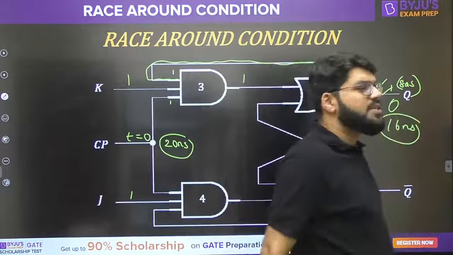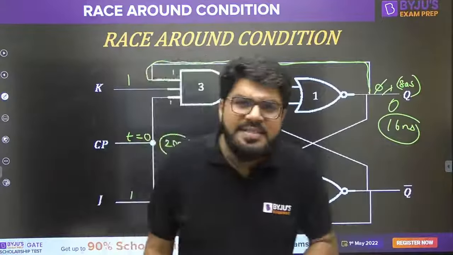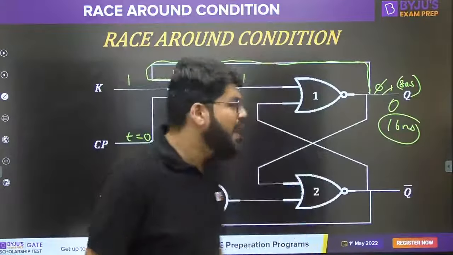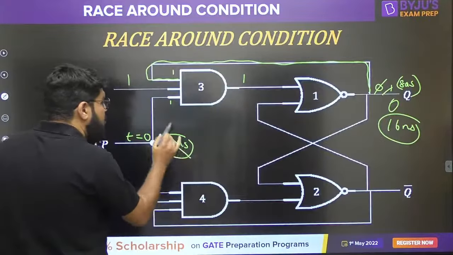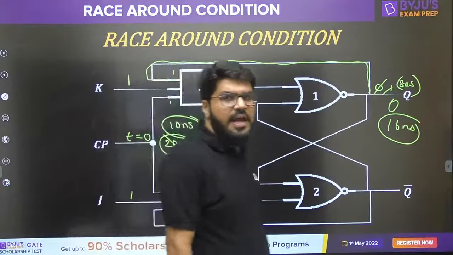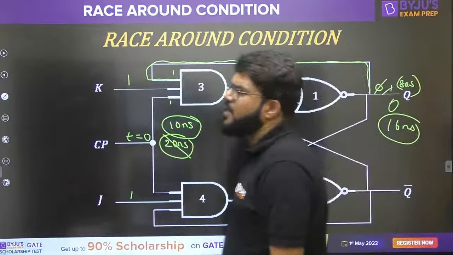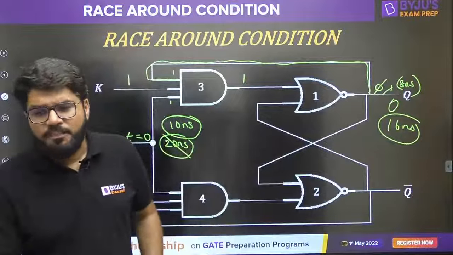First toggle at 8 nanoseconds, second toggle at 16 nanoseconds. Suppose that rather than 20, I close the door at 10 nanoseconds. If I close the door at 10 nanoseconds, then there will not be the problem.